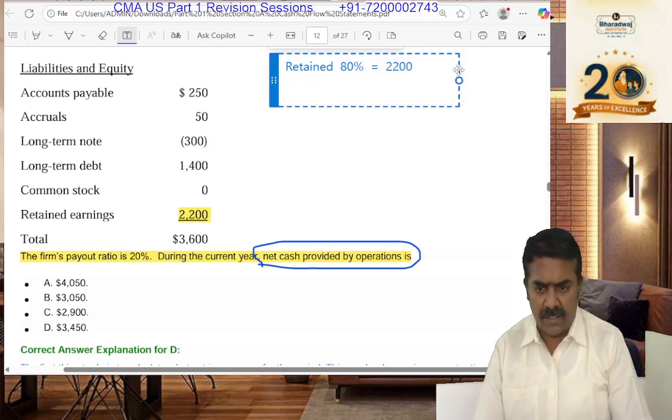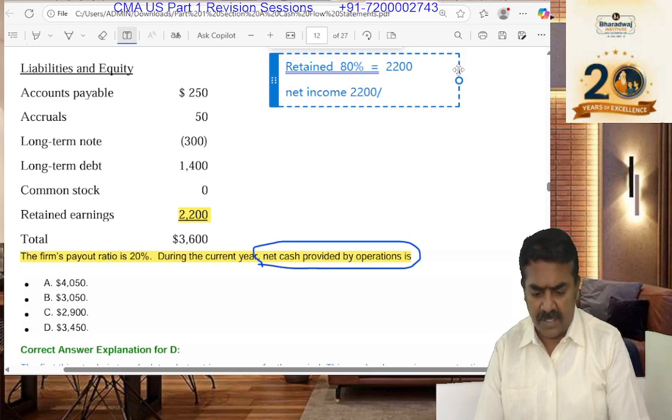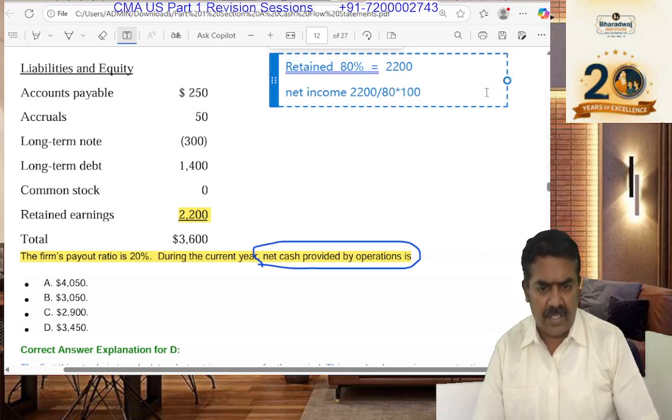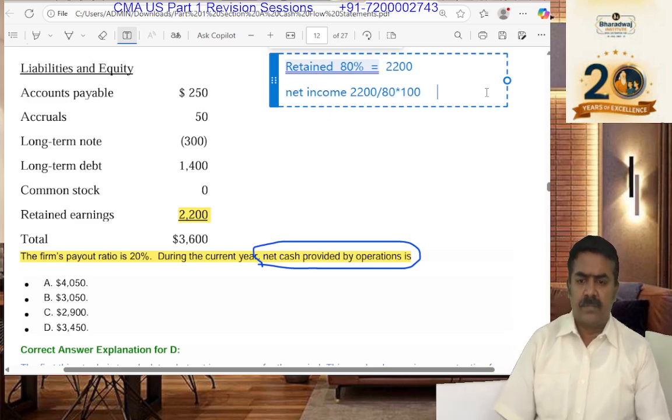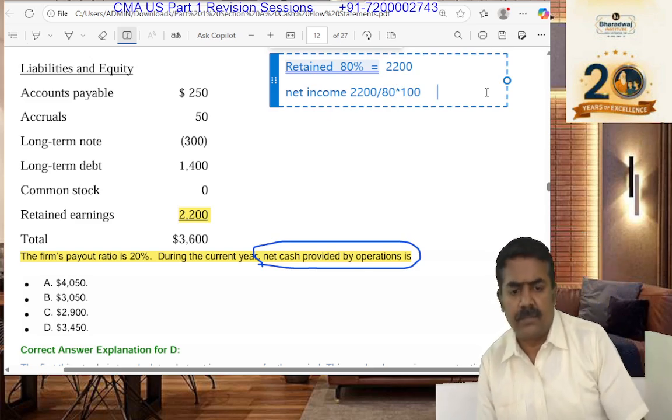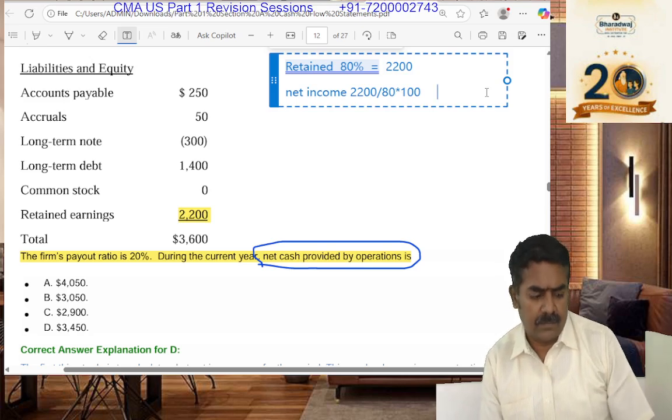What would have been the net income? 2,200. If this is 80%, what is 100? What is the net income? 2,750. That is your net income.